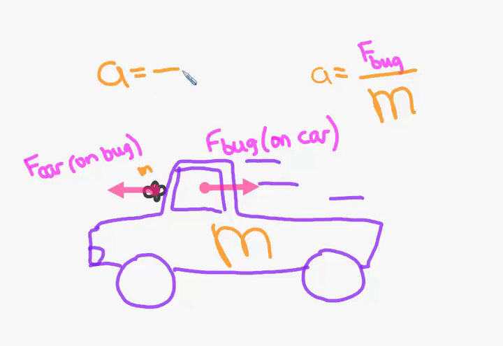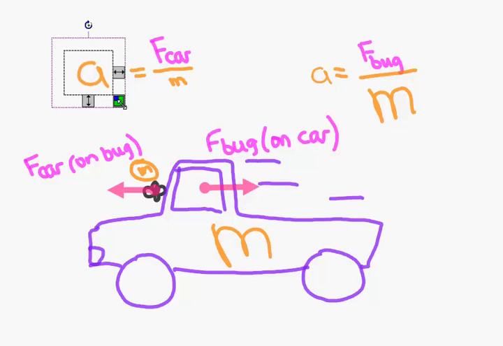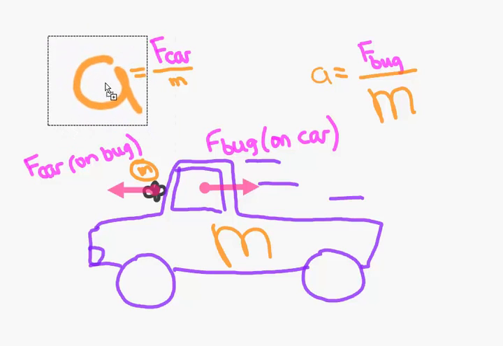Now, if we try to figure out the acceleration of the bug, we put the force of the car on top. Remember, these two forces are the same as each other. They're equal and opposite. But the difference here is that the bug has a little tiny mass. So when you take the same force and divide by a little tiny mass, you get a big number.